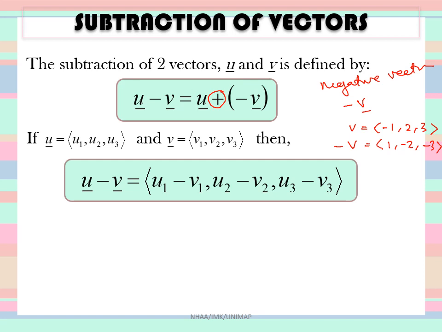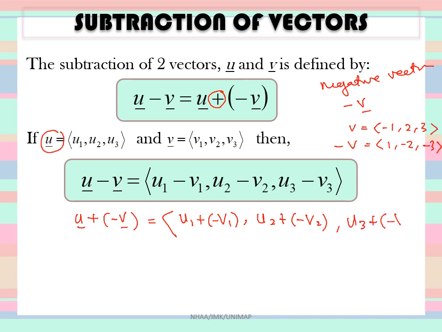For example here, if you have vector u with this component and vector v with this component, then u plus the negative vector v is u1 plus negative v1, u2 plus negative v2, u3 plus negative v3.